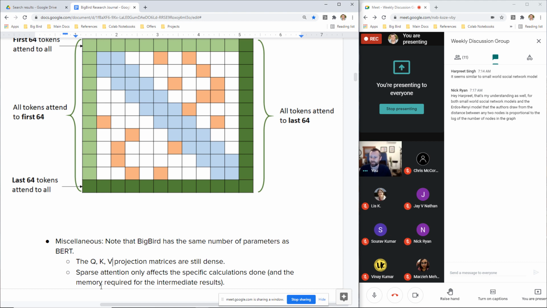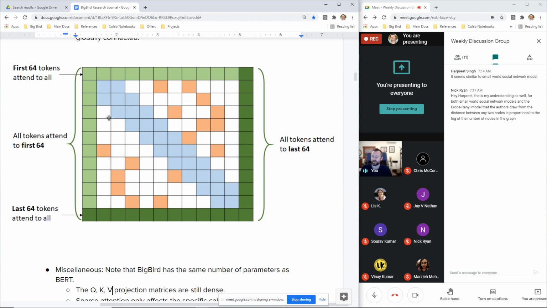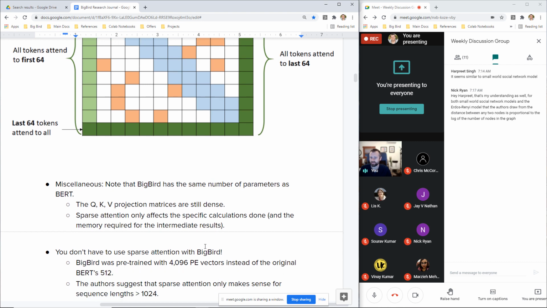They're still the same as they were in BERT. And sparse attention really is all about when you actually execute the model, it just changes how you compute attention. So it affects the specific calculations done, and in turn it affects the amount of memory required for the intermediate results.